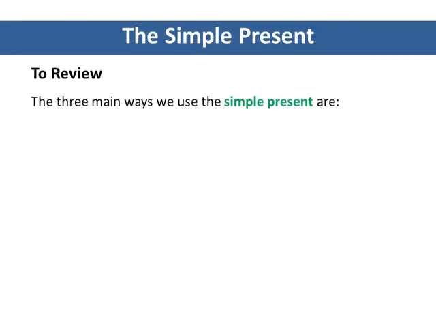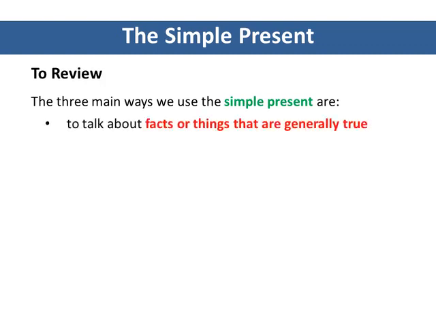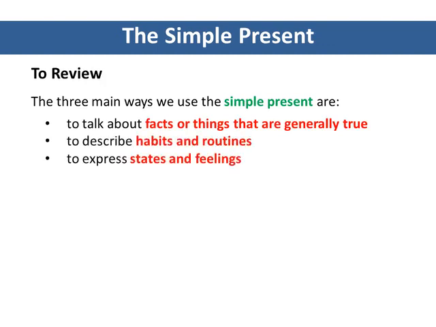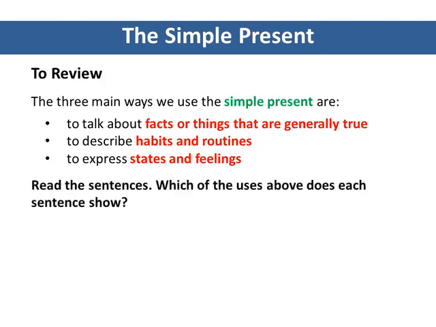To review, the 3 main ways we use the simple present tense are to talk about facts or things that are generally true, to describe habits and routines, to express states and feelings. Read the sentences. Which of the uses above does each sentence show?